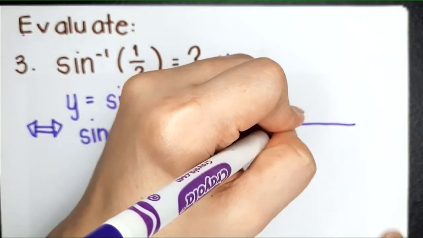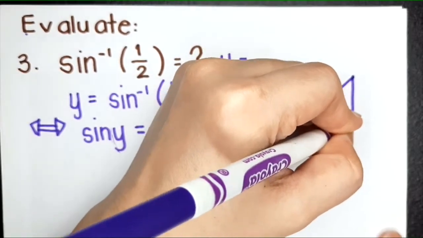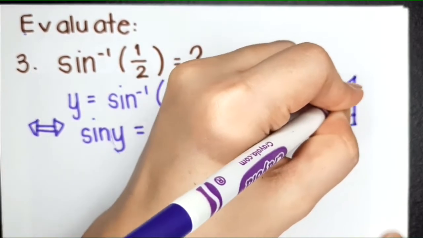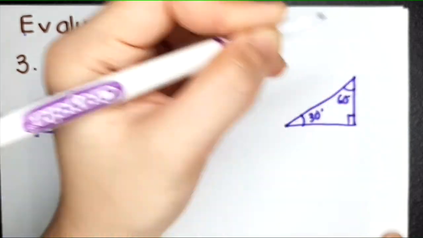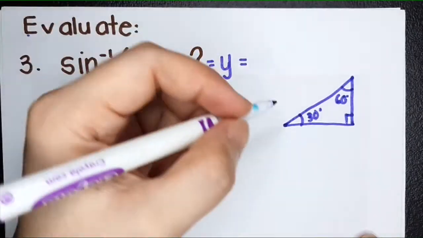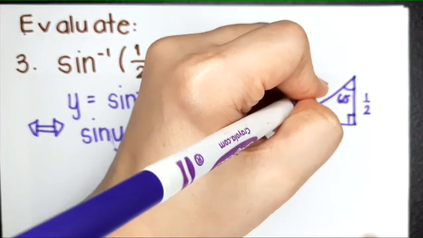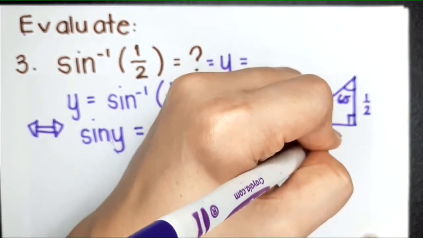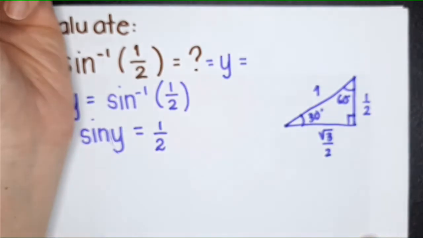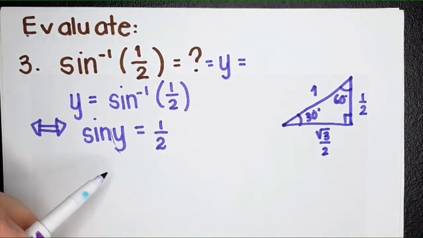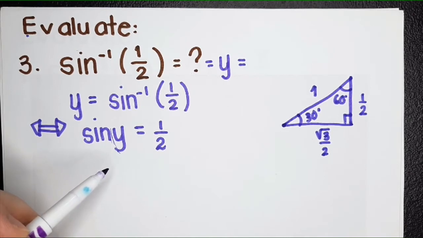So, ito yung 30, ito yung 90, and ito yung 60. Lagi kong alam na ang opposite ng 30 ay 1/2, the hypotenuse is 1, and this one is the square root of 3 over 2. Recall SOHCAHTOA, opposite over hypotenuse.